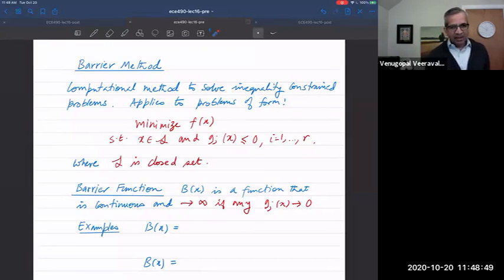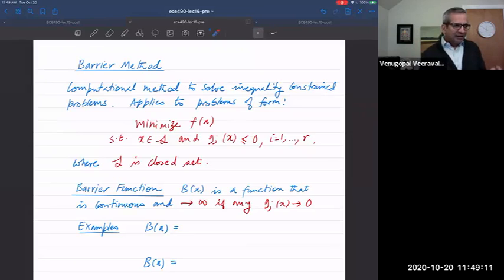By making the barrier function blow up whenever the constraint goes towards 0, we make sure that when I add that barrier function, I can never get to the boundary of the set, because the function blows up. So I'll always remain in the interior.